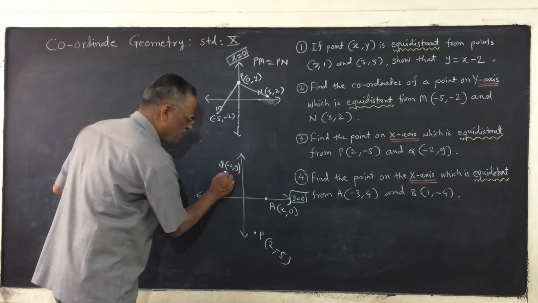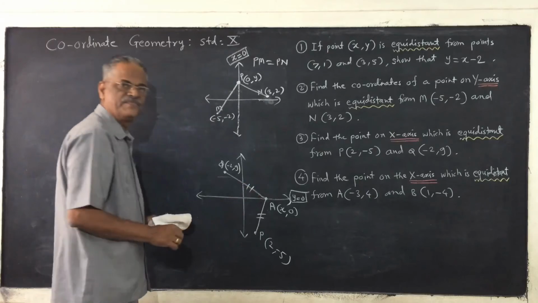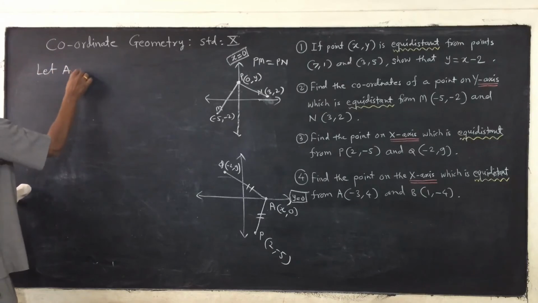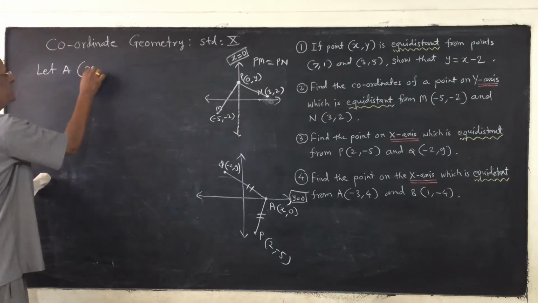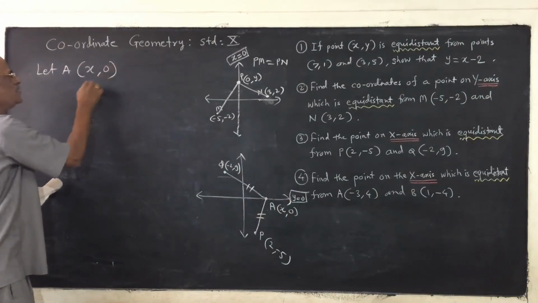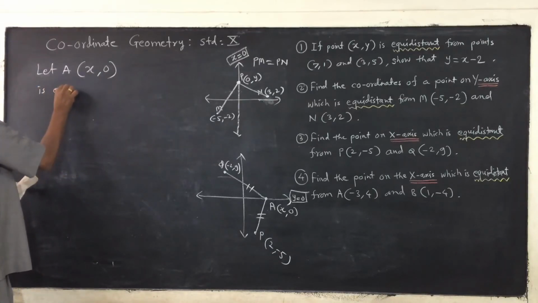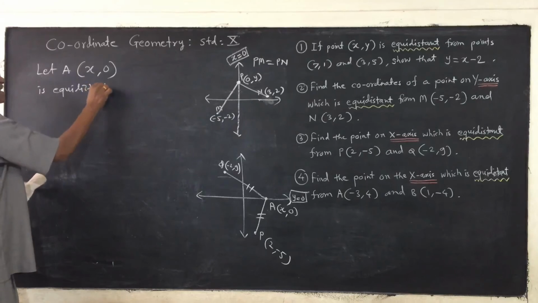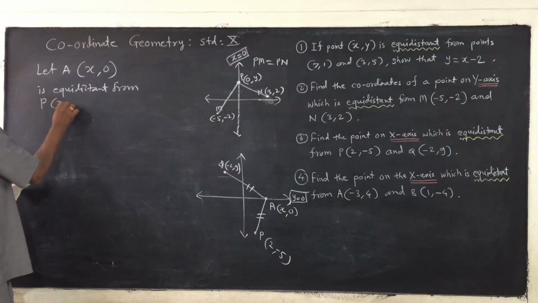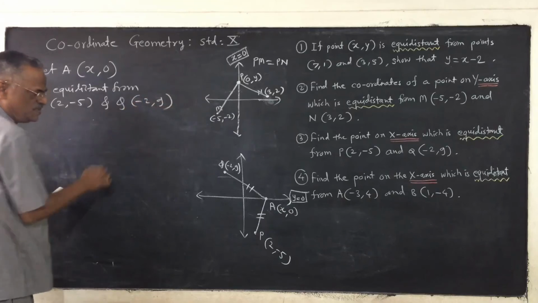So what is given in the problem? AQ and AP are equal. That is given, so you can start. Let A be the point on the x-axis, with coordinates x, 0, equidistant from P (2, minus 5) and Q (minus 2, 9).